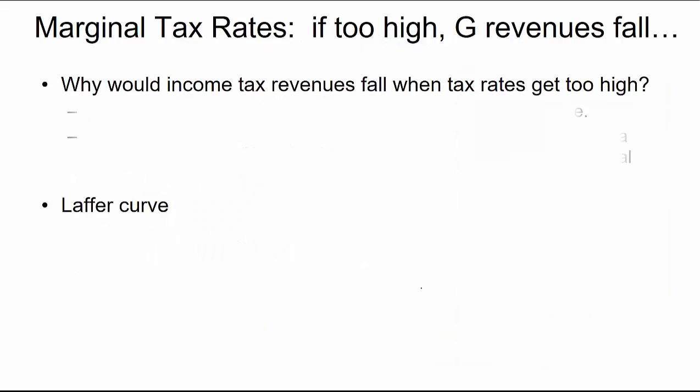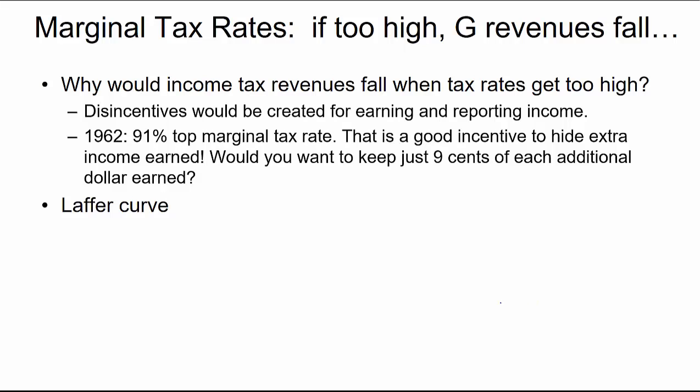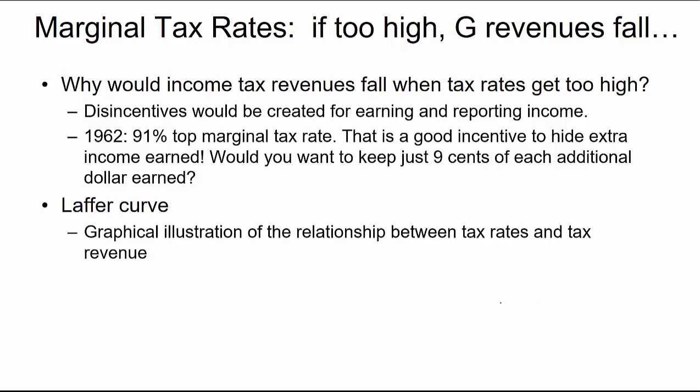Okay. So why does all this work? Well, it turns out that if you have tax rates that are too high, it not only stifles investment, but it will actually reduce revenue to the government. And so it's not necessarily a good thing. For example, in 1962, the top marginal tax rate was, and I'm not making this up, 91%.